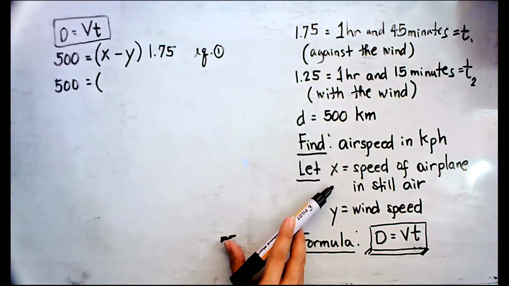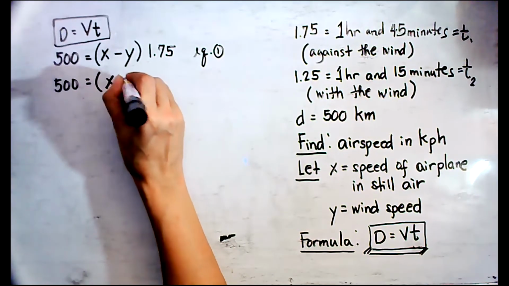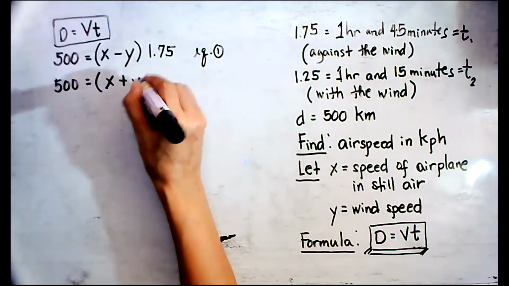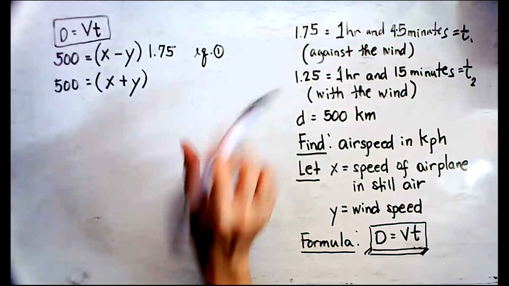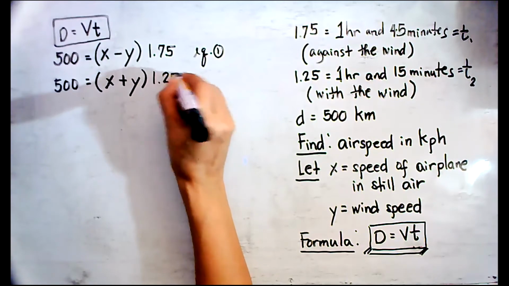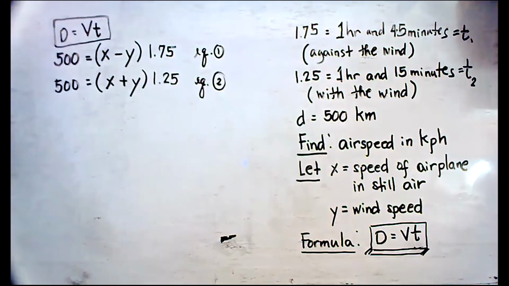So aside from the speed of the airplane in still air, idadagdag natin ngayon yung speed ng air. So plus y. And then it only took about 1.25 hours. So this is our equation number 2.